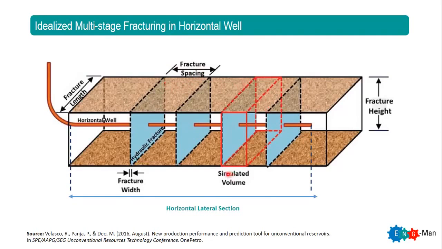This is, of course, the stimulated volume, the volume between each fracture. And then this is the fracture length. This one, fracture length. And of course, this is the fracture height.